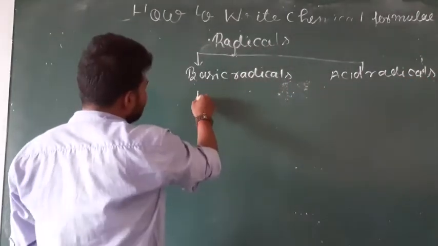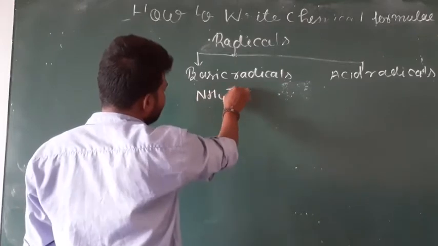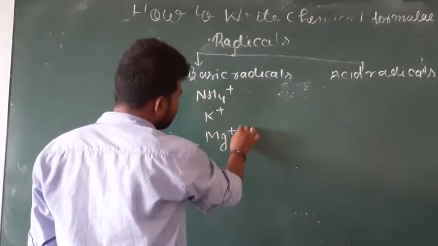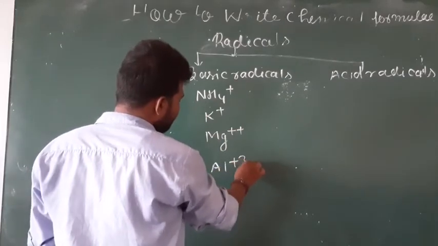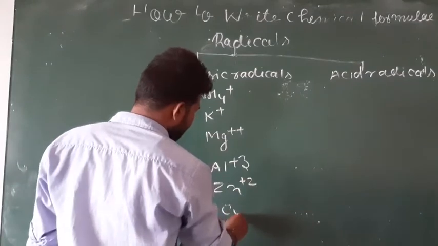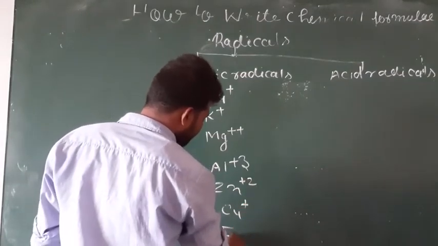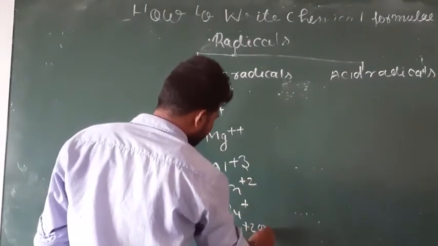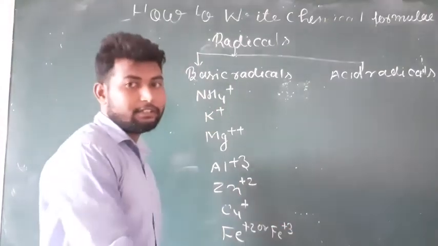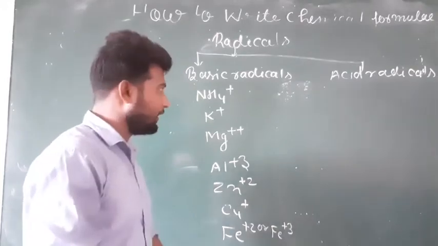Basic radicals, for example NH4 plus, K plus, Mg plus 2, Al plus 3, Zn plus 2, Cu plus, Fe plus 2 or plus 3, and so on. I already discussed these things in radicals.